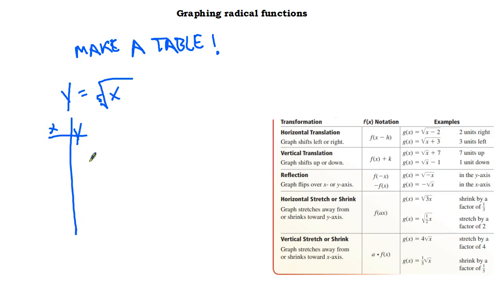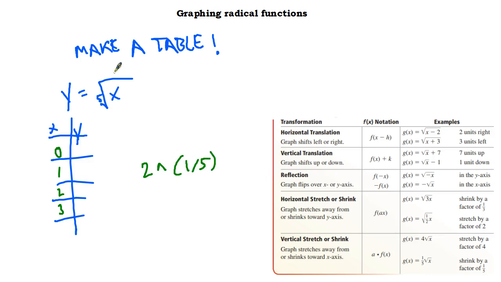X, y, put some values in it. Whatever we put in for x, we could try 0, 1, 2, 3, and when we do, you'd have to, on your calculator, raise those guys to the power of 1/5. So like what is 2 to the power of 1 divided by 5?